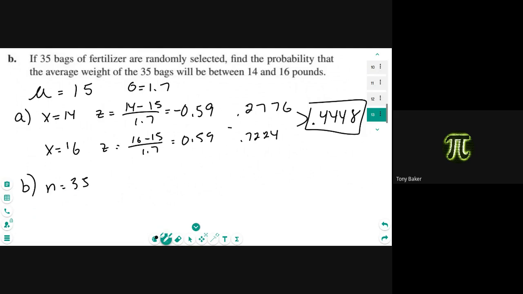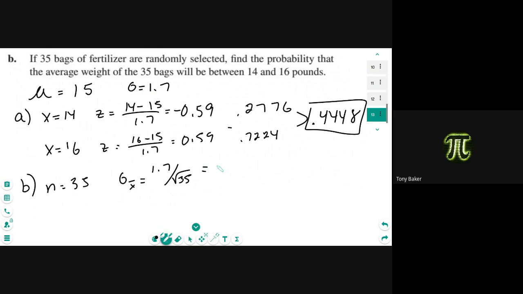The mean doesn't change. Yeah, the standard deviation changes. So my standard deviation is now 1.7 divided by the square root of 35. That changes. The mean doesn't change. The x's are going to stay as 14 and 16 for this problem, but the standard deviation changes.